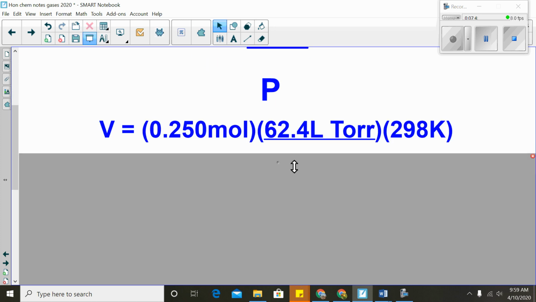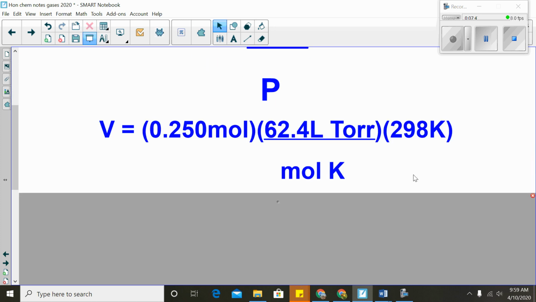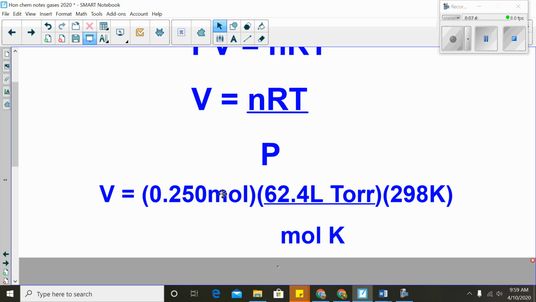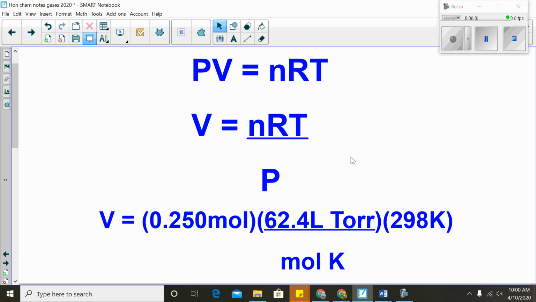All right, so let's take the numerator, right? So 0.250 mole was in the problem. R I chose as 62.4 liter torr over mole K. Why did I pick torr, or the 62.4?